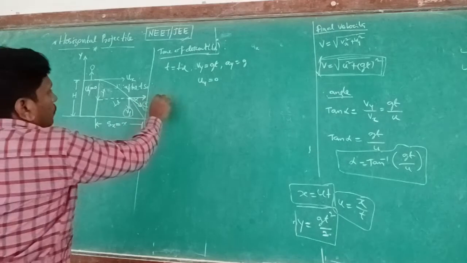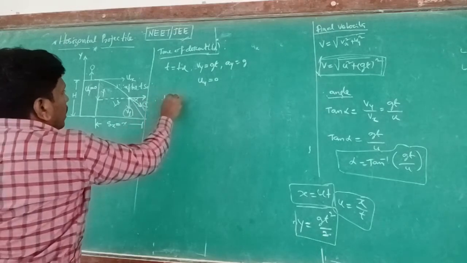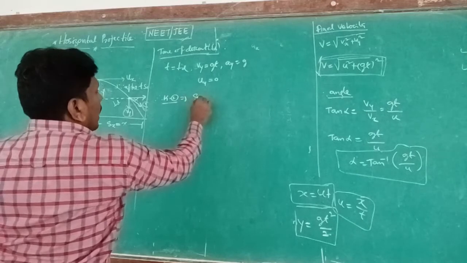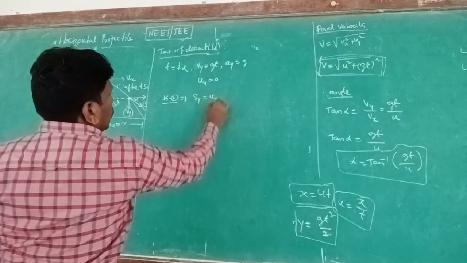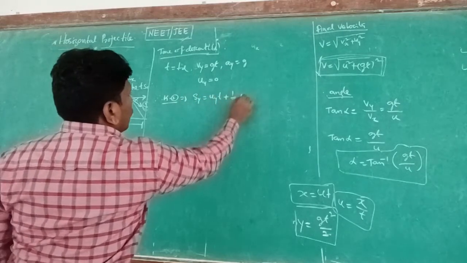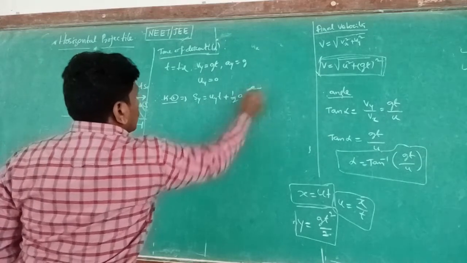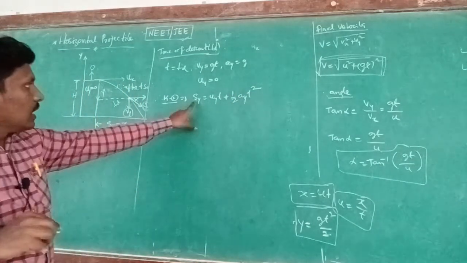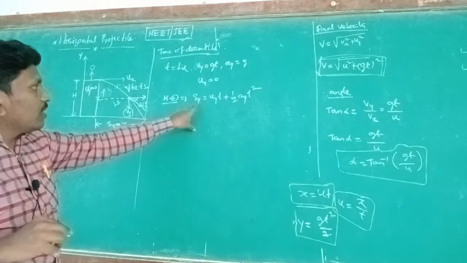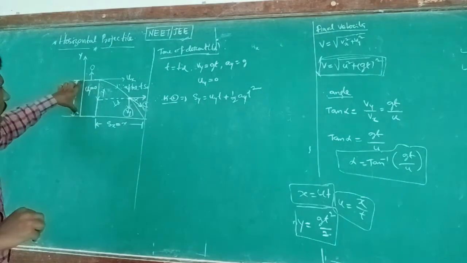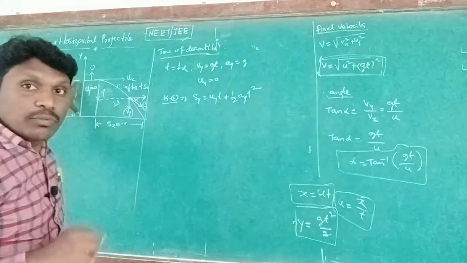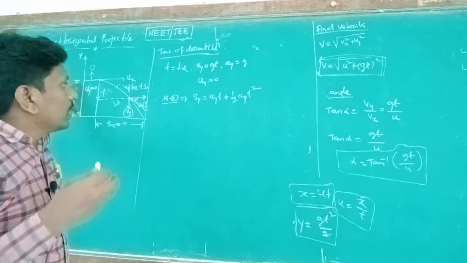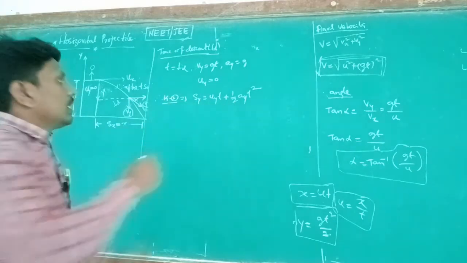From that we can find out, let us go through kinematic equation 2: sy is equal to uy t plus half ay t square. Sy is nothing but the height h of the projectile from where it is projected horizontally.